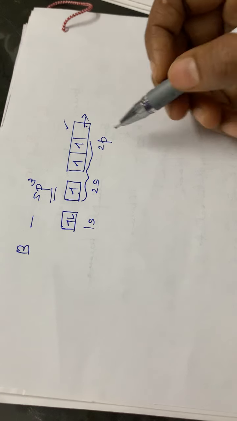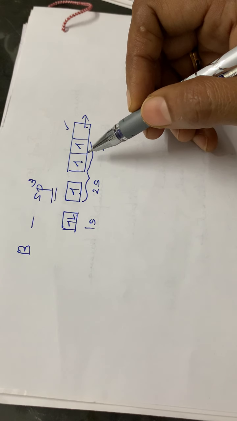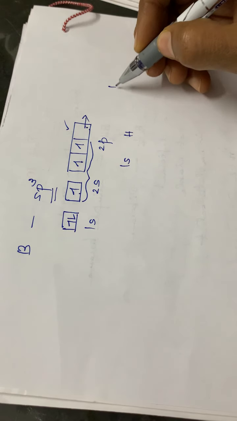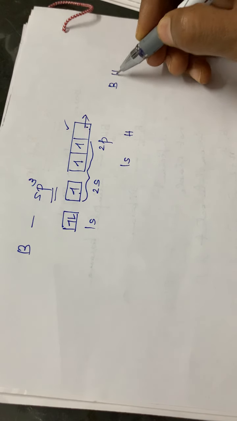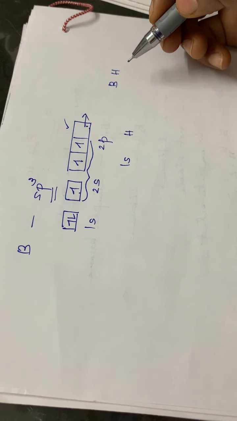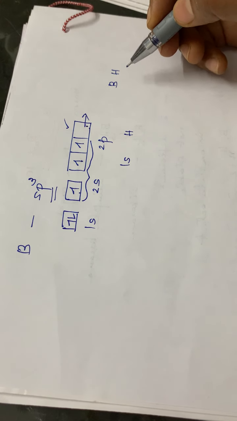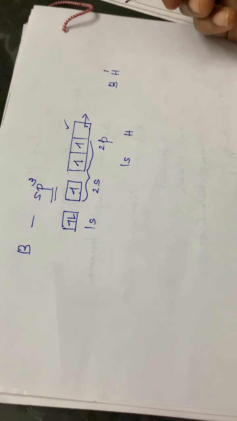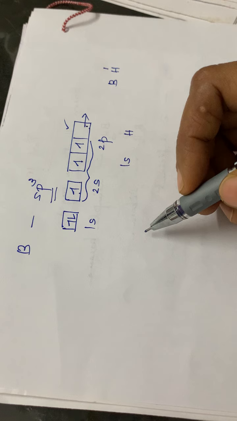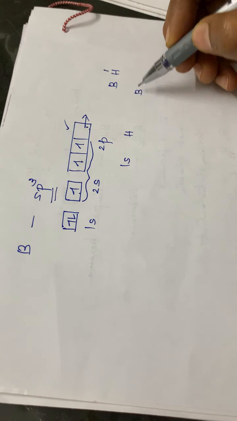So this sp3 hybrid orbital of the boron atom will be overlapping with the 1s orbital of the hydrogen atom, isn't it? We need BH bonds, isn't it? So it will be overlapping with the 1s orbital of the hydrogen atom, and this hydrogen atom will be having 1 electron. And also, what happens is that this will be covering the 3 nuclei, that is BHB.